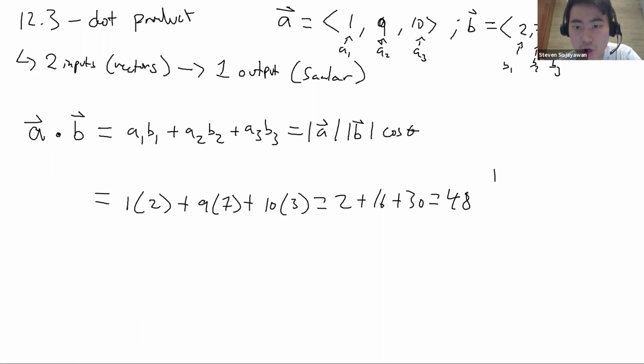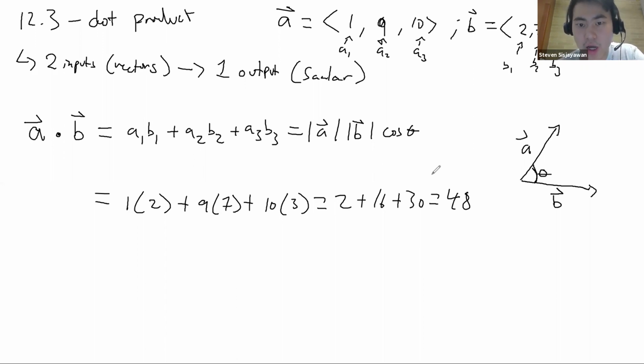If I were to draw two vectors, let's say I have vector A pointing this way, and vector B pointing this way. And this is going to represent theta for now. I'll explain that a bit more.